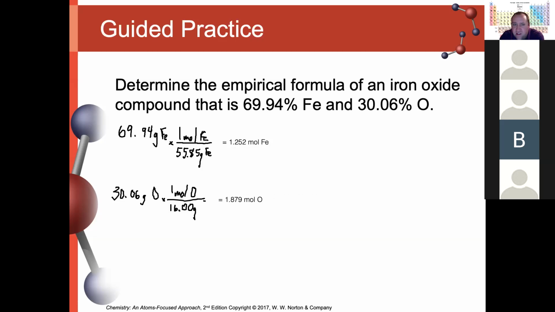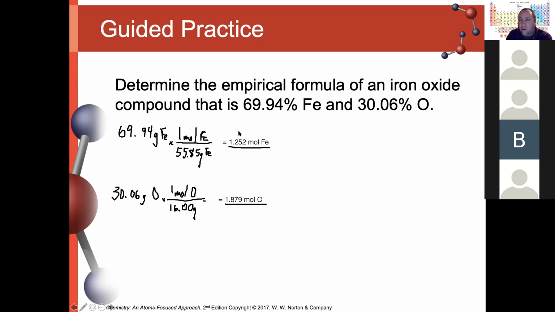So after this calculation, it's not readily apparent what the ratio is between them. It looks like it's maybe 1.5 to 1, but we can't really be entirely sure. And so when you come to this point, the thing that you do to get this down to low whole number resolution is take each of these values and divide each of them by the same number.